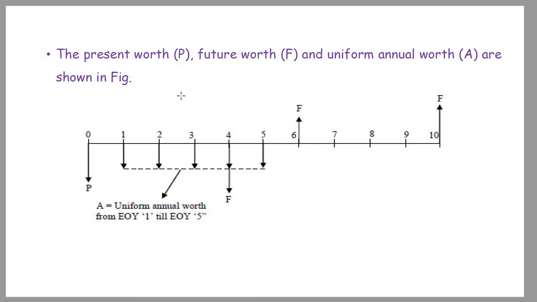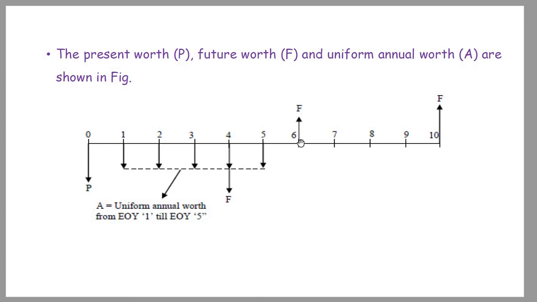In this cash flow diagram we can see that P is the present worth, the first investment, the present worth amount, and these are the small intervals at every interval of the annual worth. Whatever we are keeping in the bank, we consider as the uniform annual worth, and F is the future worth.